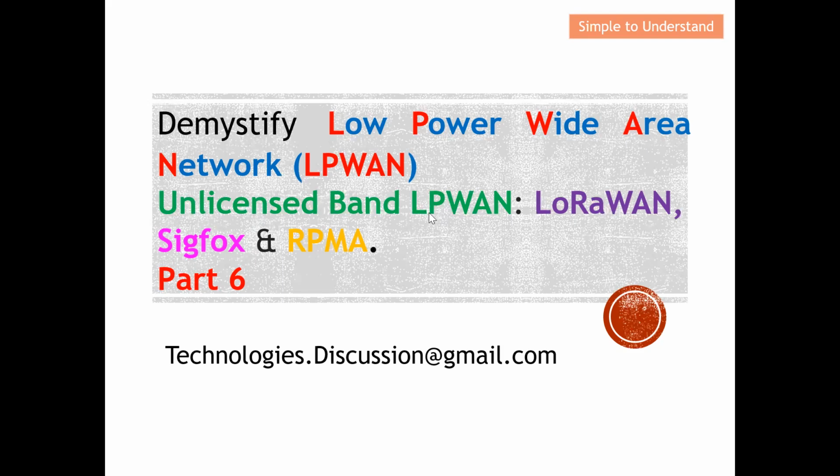Under this unlicensed band LPWAN, we have LoRa, we have Sigfox, and we also have RPMA, which stands for Random Phase Multiple Access. Because I have not done any discussion on RPMA, in this video I will focus a little bit more on this new technology, RPMA. This will be part 6 of the series discussion on LPWAN.